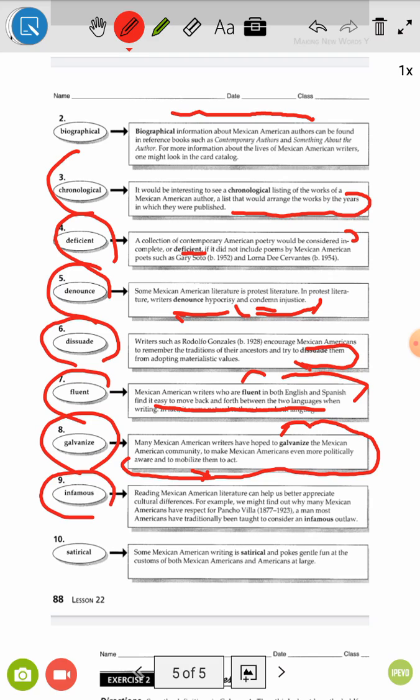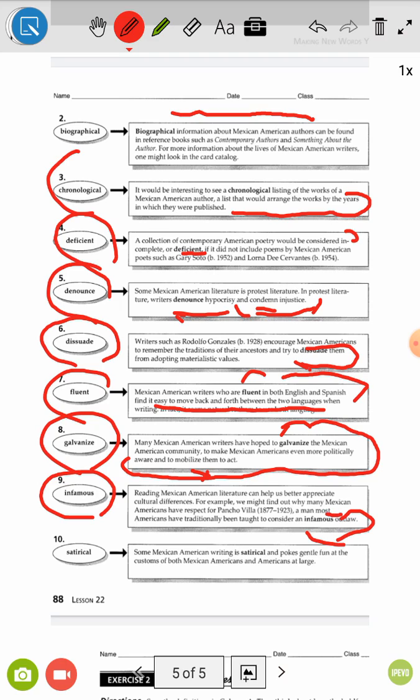And infamous. Reading Mexican American literature can help us better appreciate cultural differences. For example, we might find out that many Mexican Americans have respect for Pancho Villa, a man, 1877-1923, whom most Americans have traditionally been taught to consider an infamous outlaw, breaking the law.